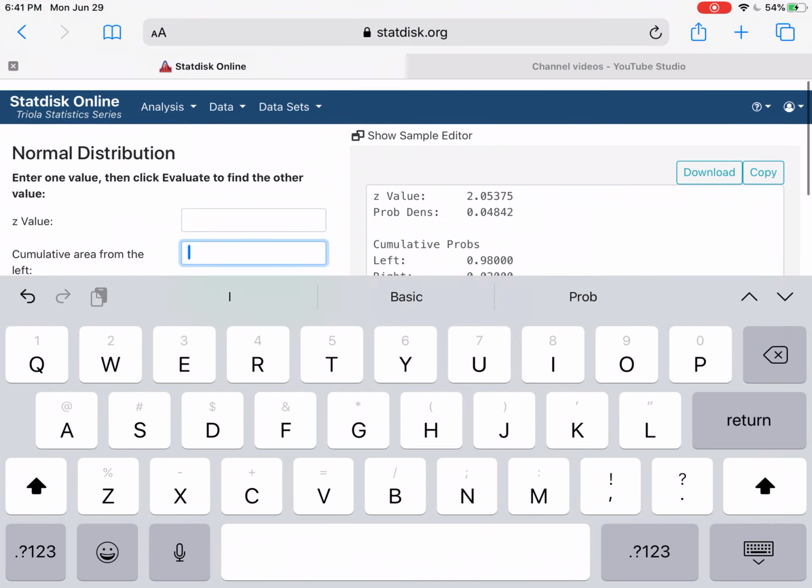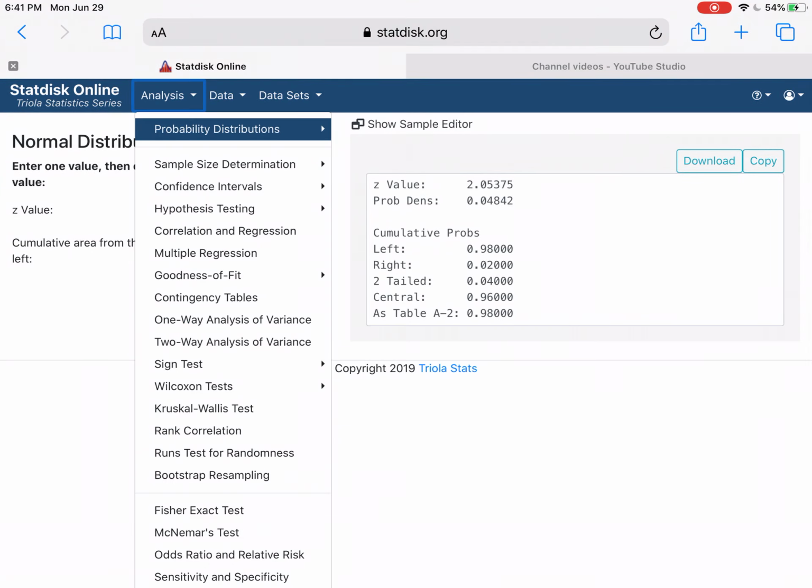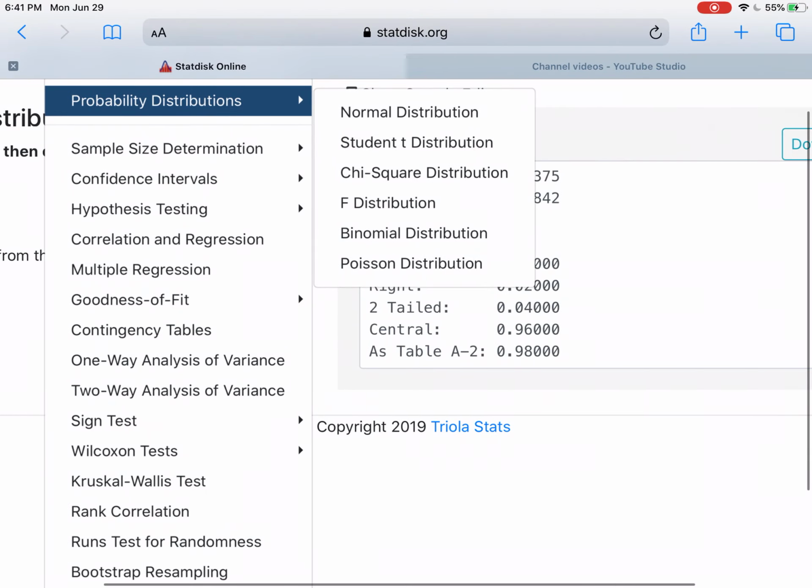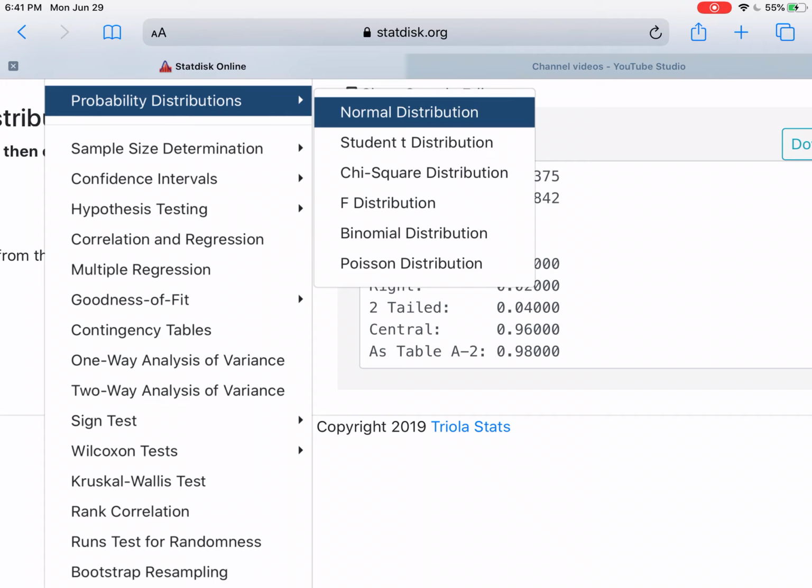So here I am going to choose analysis, probability distribution, and I will choose a normal distribution. In the future, we might use something like a student t-distribution or chi-squared or an f-distribution, and we would use an area to the right or left to find our critical value.